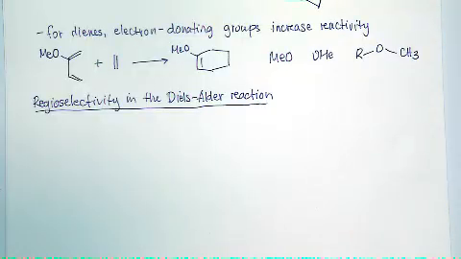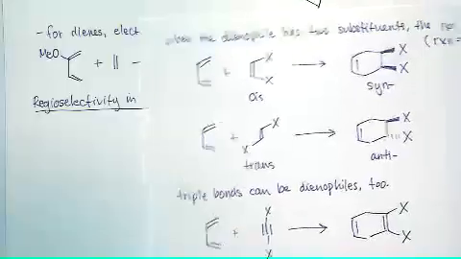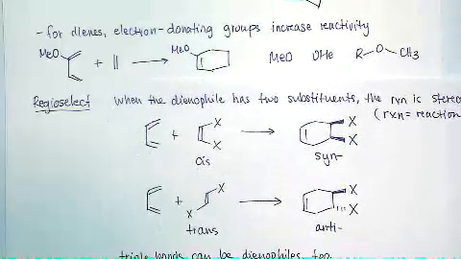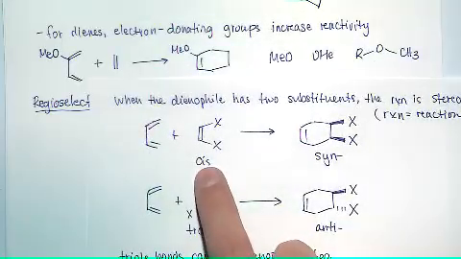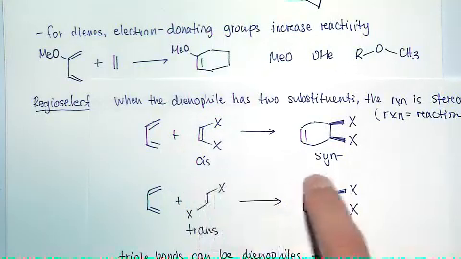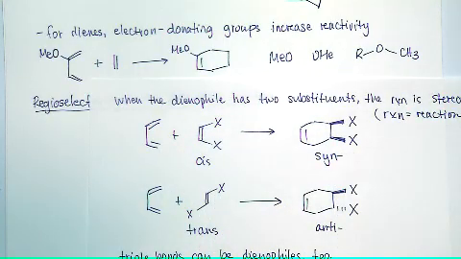Okay, so I think last time we talked a little bit about stereoselectivity in the Diels-Alder reaction. When we've got a dienophile that's cis, the alkene is cis, then we get retention of that stereochemistry in the product.